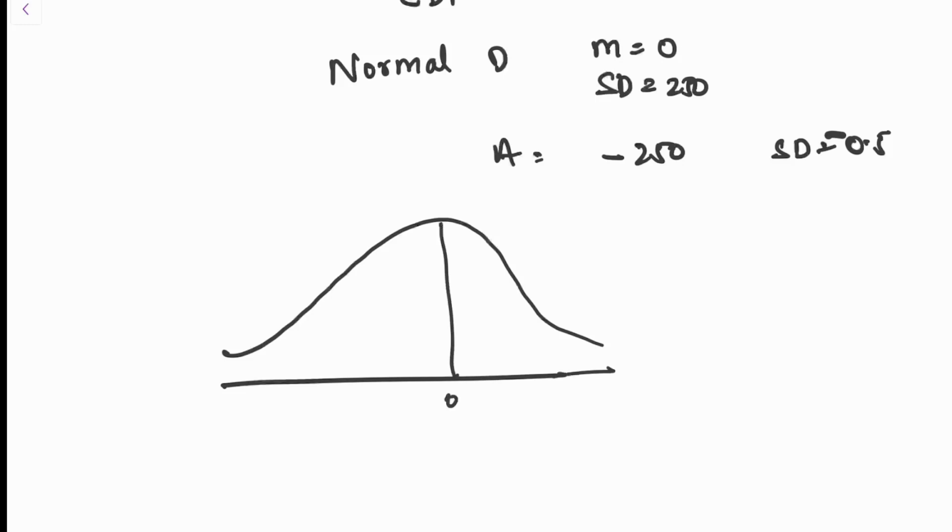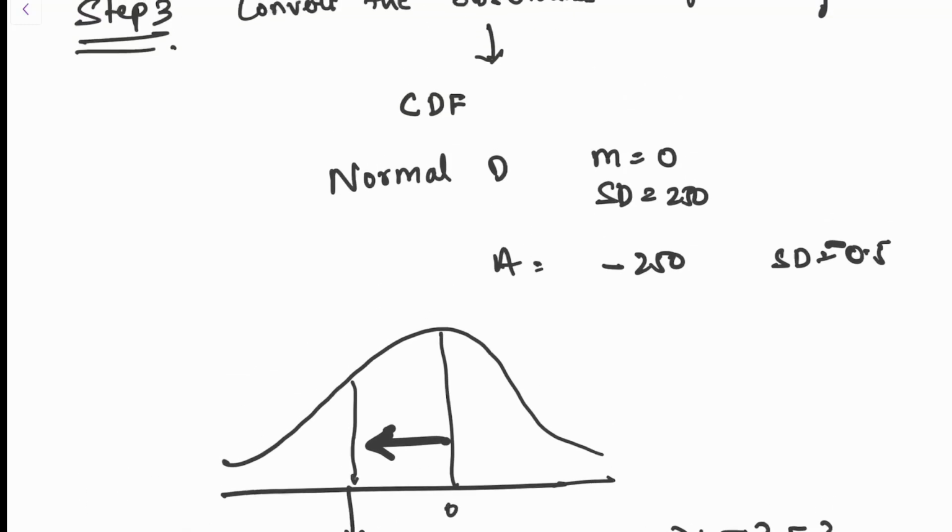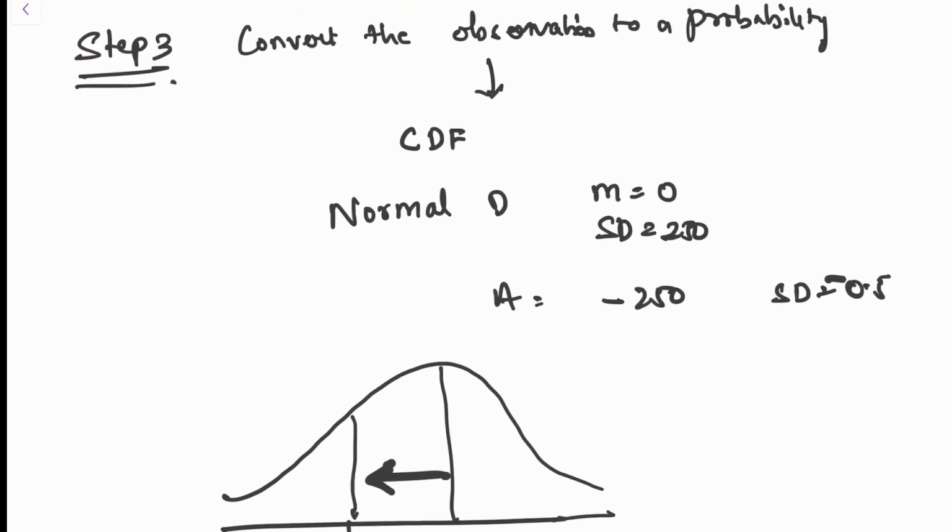Here is the mean 0. On this side the SD is 0, then 0.5, and on the negative side and the positive side 0.5, then 1, then 2, and then 3. So we stand here at 0.5 standard deviation, because you see how much it actually moved: from 500, it moved only 250.